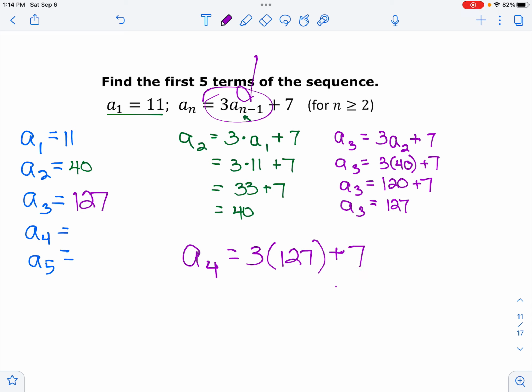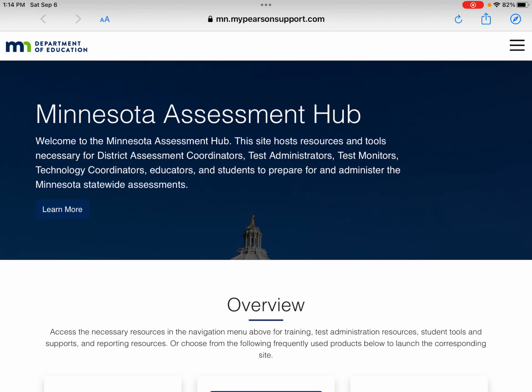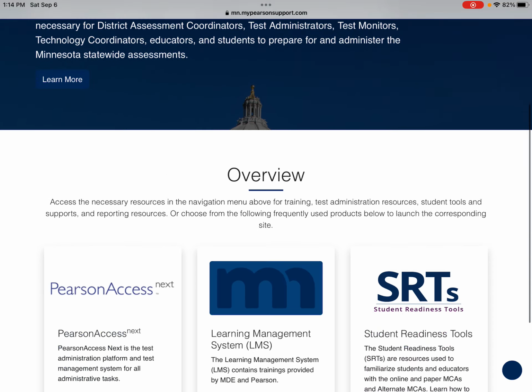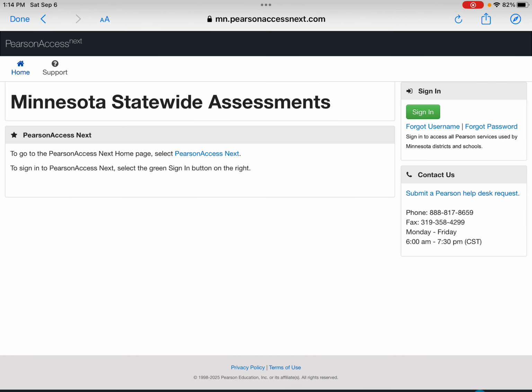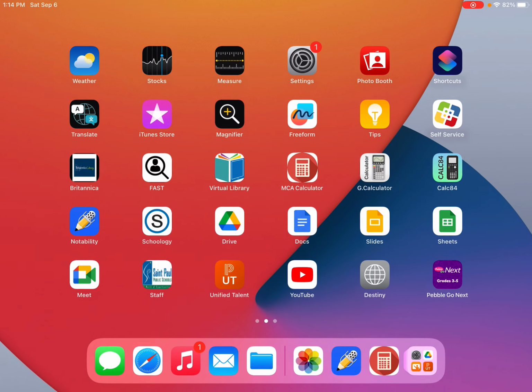Okay. So now maybe it's helpful to do that on your calculator. You might not know that in your head, so I'm going to pull up my calculator. Okay, we'll try a different calculator.